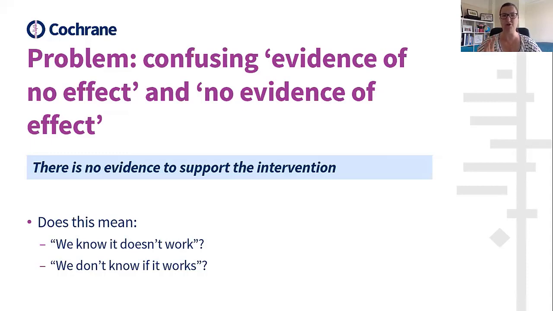Really, the words no evidence should only be used when there is literally no data available. If there's no data available, then there was no evidence. But if there was data available, and the data showed very low certainty evidence, or the data was uncertain regarding this intervention, then saying no evidence is just too ambiguous and can lead to a lot of confusion.